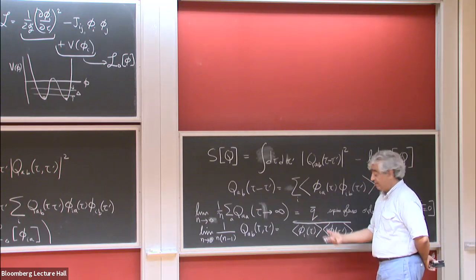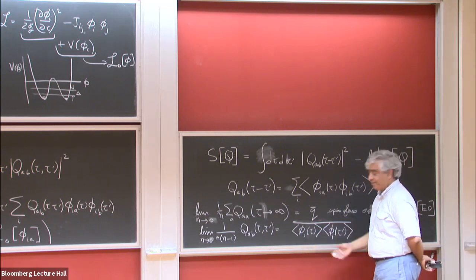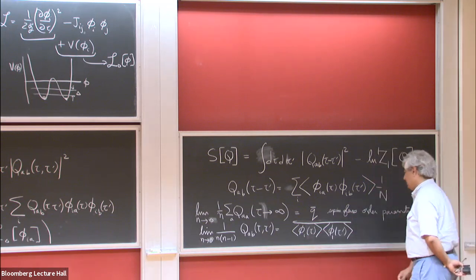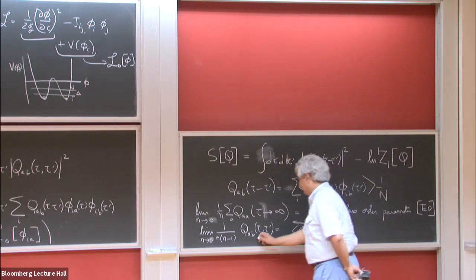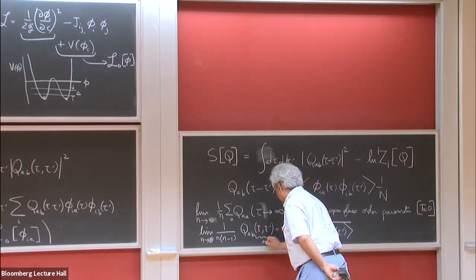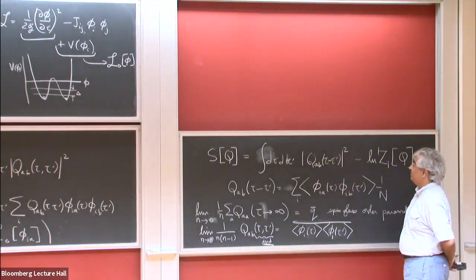That's the only reasonable saddle point that's acceptable to us, because if you're in any equilibrium state, the average value of phi I is independent of time. So in fact, QAB does not depend on this. Okay. So that simplifies our task a little bit.